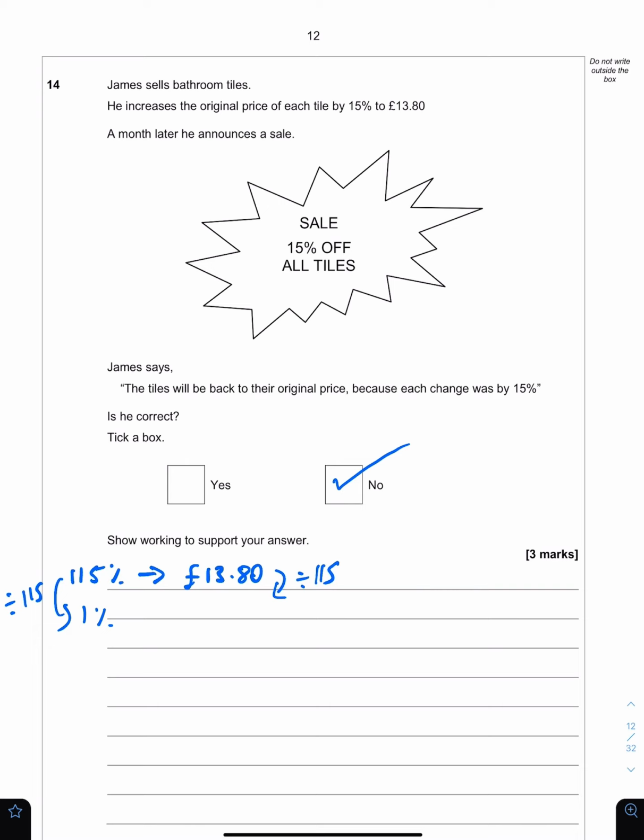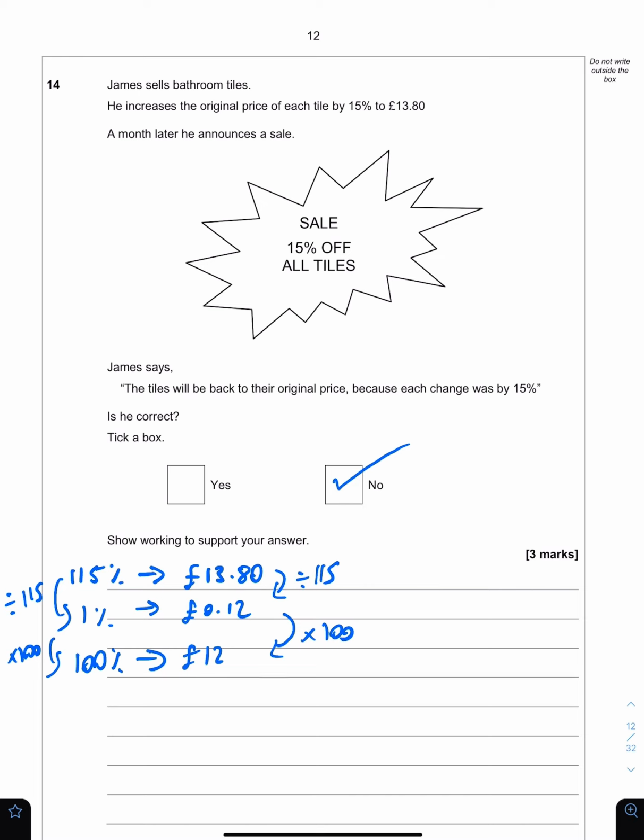And that gives 0.12. And then to get to 100%, which is the original price, obviously we times by 100. So here, we're also going to times by 100. And that's going to give £12. So we know the original price is £12.